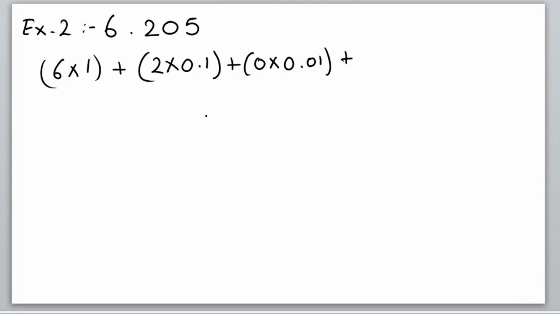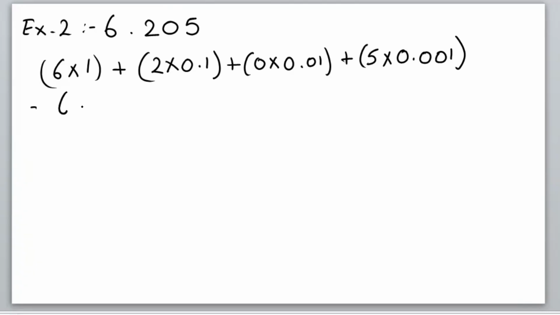Because it is a 0 here, there is no need to write it down, or if you want, you can show it like that. Then 5 is in the thousandths place, so 5 will be multiplied with 0.001.